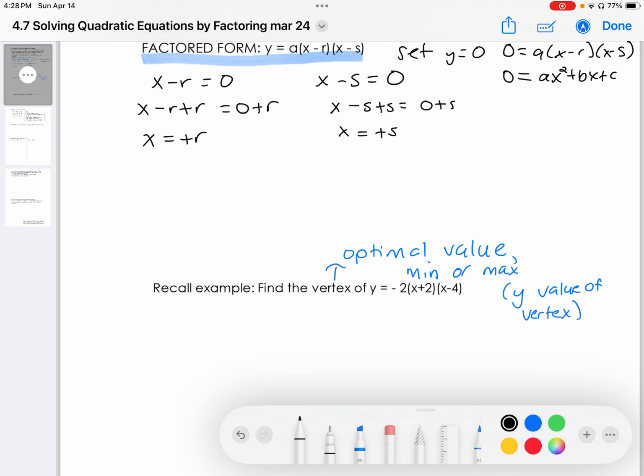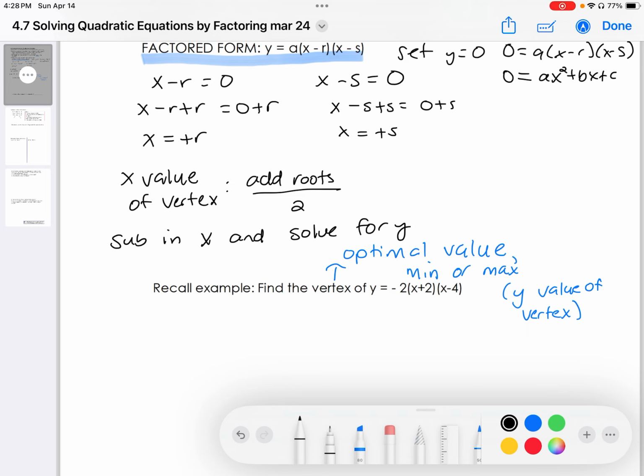Okay, so in general, the x value of the vertex, you add the roots or the zeros and divide by 2, and then you sub in x and solve for y.